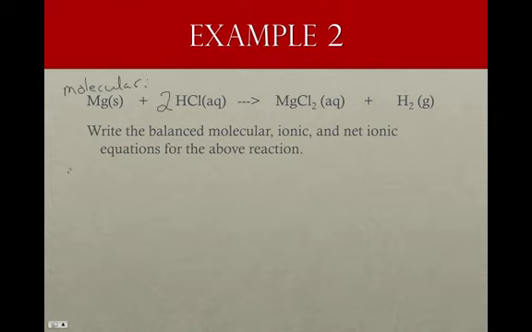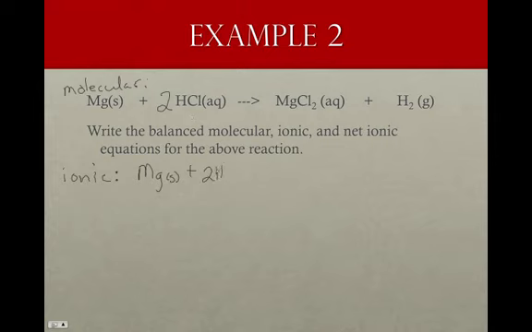Now for our ionic, we're going to take the things that are aqueous and split them up. So magnesium is a solid, so we're going to leave it as it is. Plus the HCl is aqueous, so we're going to split that up.